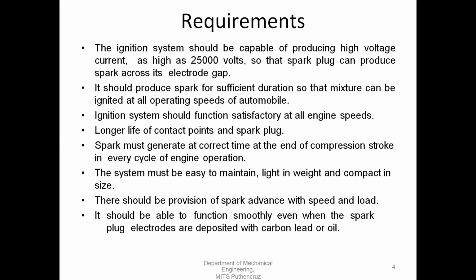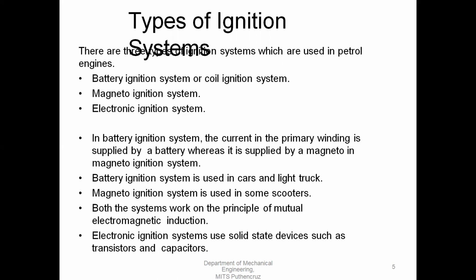The spark must be generated at the correct time at the end of the compression stroke in every cycle of engine operation. The system must be easy to maintain, light in weight, and compact in size. These are the requirements of the electrical systems in automobile vehicles.